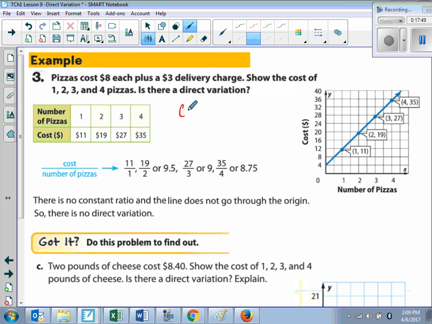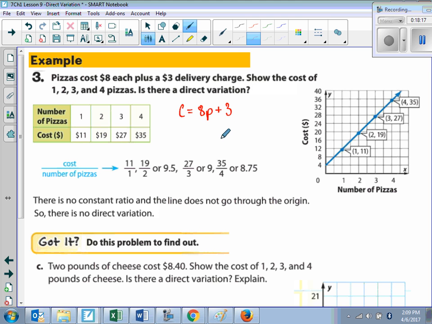So that means the total cost is going to be equal to 8 times the number of pizzas plus that $3 delivery charge. Is everybody with me? And that's how we get to fill in our chart. Okay, so 8 times 1 plus 3 is 11. 8 times 2 plus 3 is 19, and so forth. You got it? So now when we graph it, this is what it looks like.